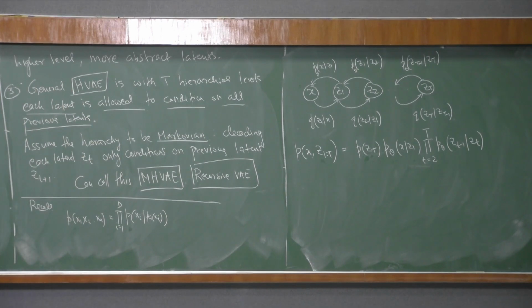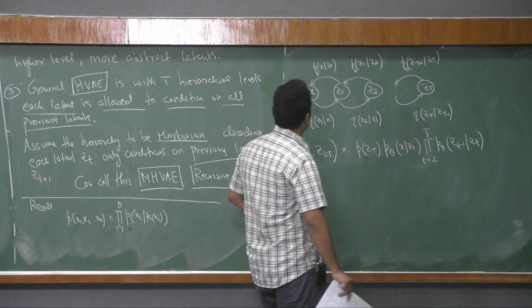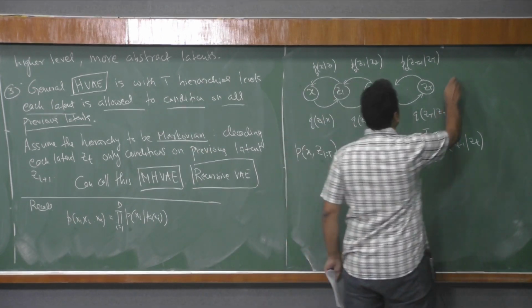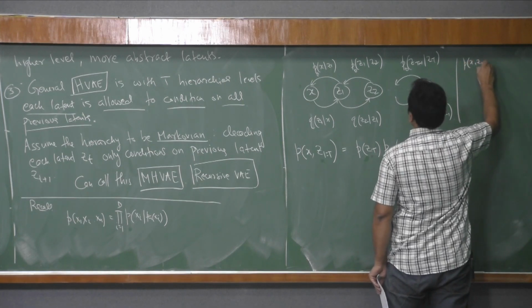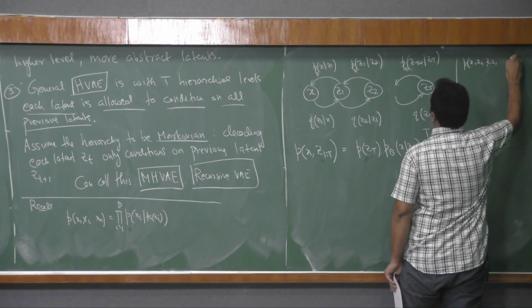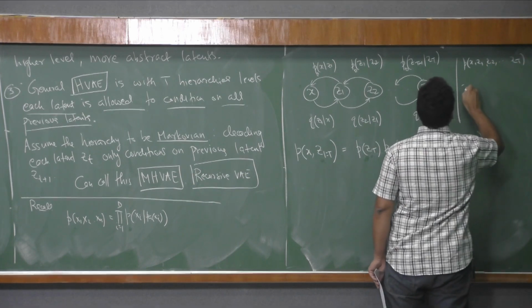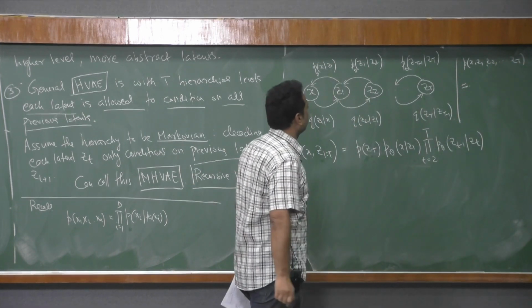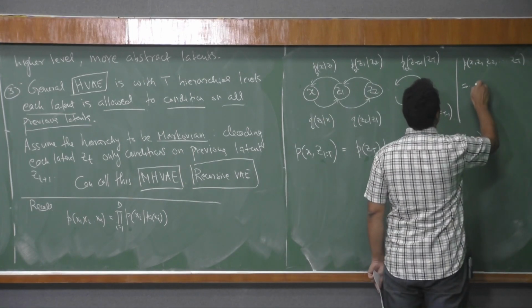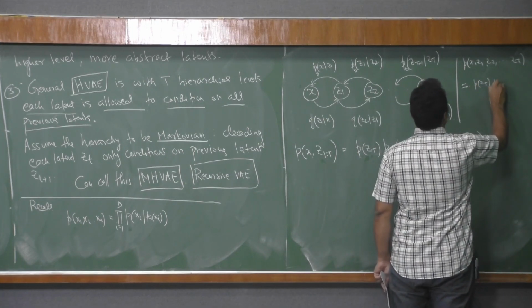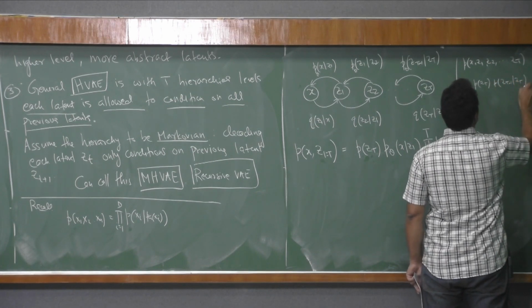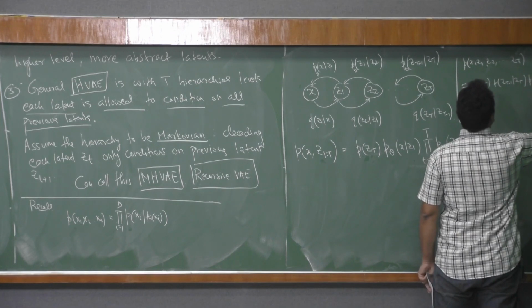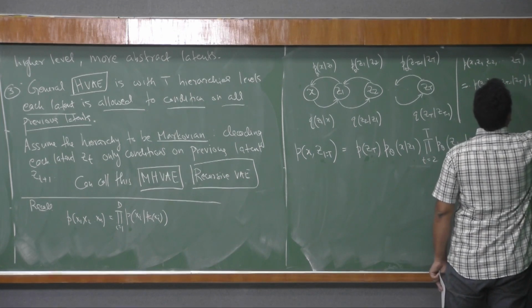Okay. So basically this was nothing but the probability of x, Z1, Z2, ..., Z_T, and I can write this as the probability of Z_T, times the probability of Z_{T-1} given Z_T, times the probability of Z_{T-2} given Z_{T-1}.